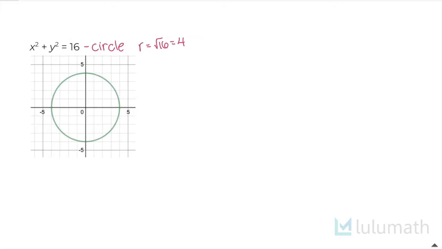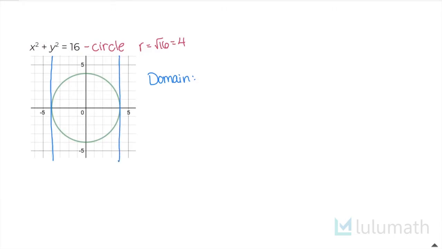But even though it's not a function, we can still determine the domain and the range of the relation. So if you can see, our domain doesn't go any farther to the left than -4. And we know it's -4 because the radius is 4. And it doesn't go any farther to the right than +4. So we can say that for our domain, x is an element of the reals still, because it's every real number from -4 to +4.